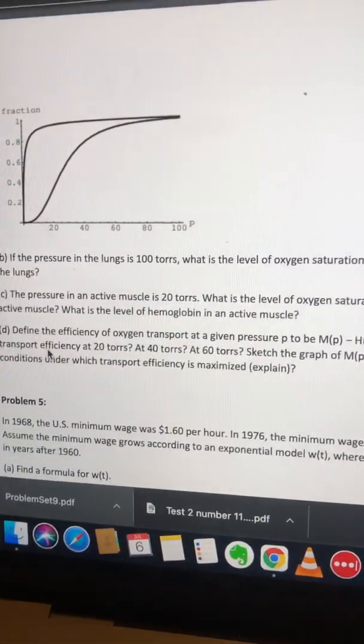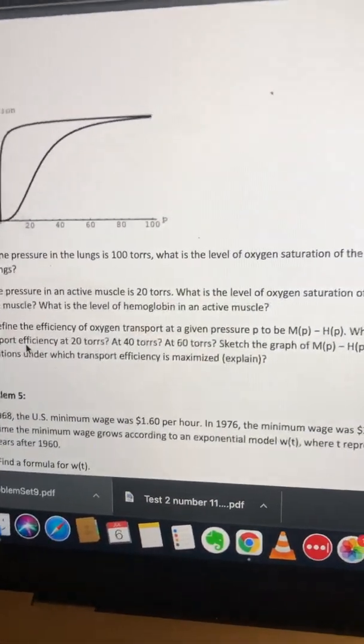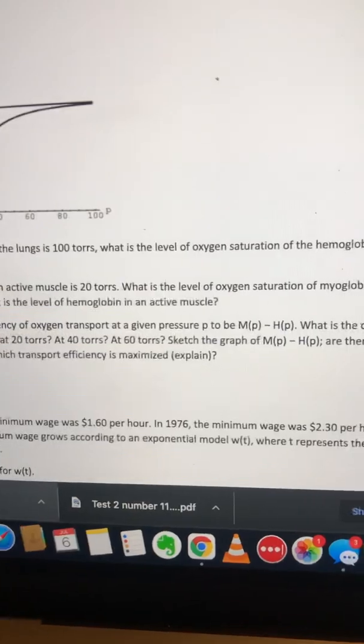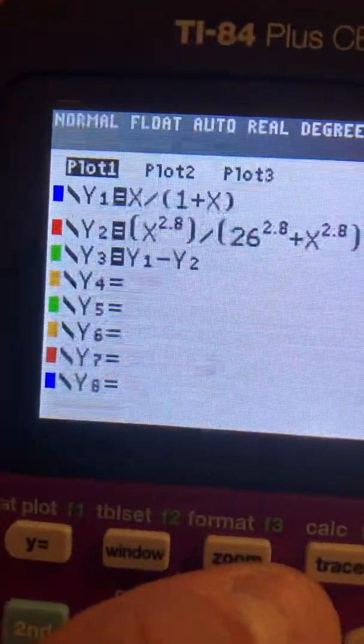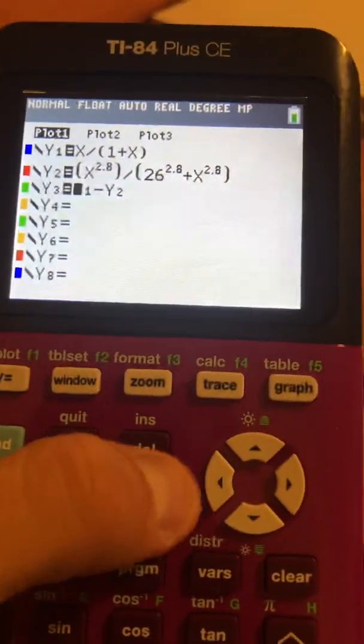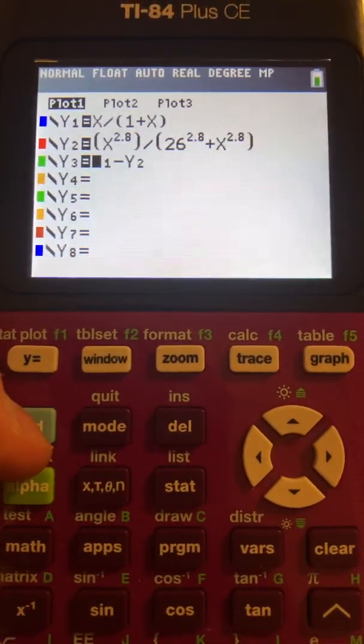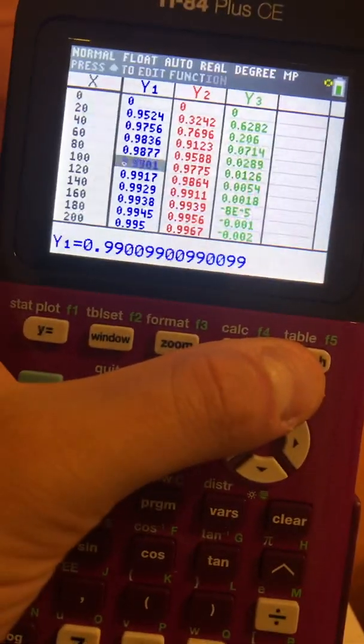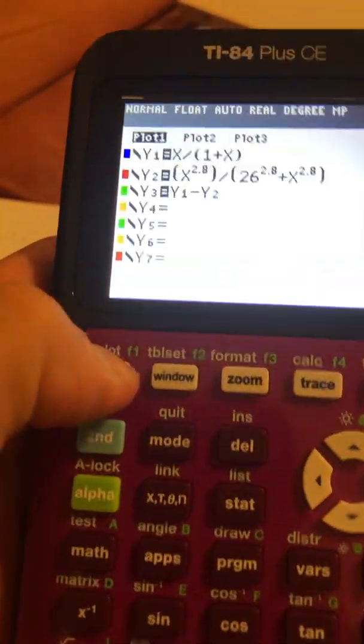And then we have D. Define the efficiency of oxygen transport at a given pressure to be M of P minus H of P. What do you know? We have that already written there. Y1 minus Y2. In case you're wondering how to do that, what you do is you press alpha, graph, I believe. Oh, wrong one.